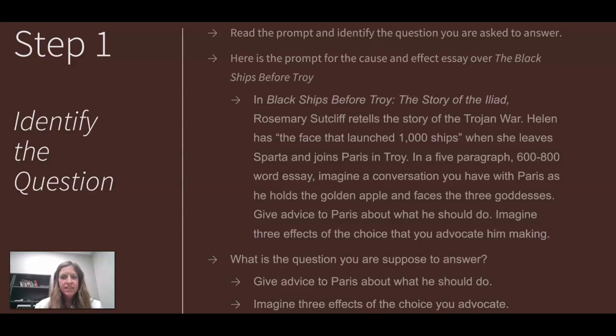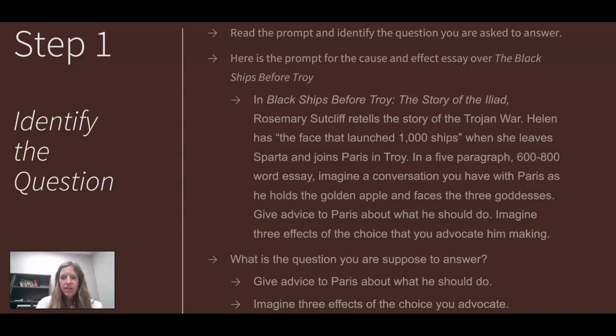Helen has the face that launched 1,000 ships when she leaves Sparta and joins Paris in Troy. In a 5-paragraph, 600 to 800 word essay, imagine a conversation you have with Paris as he holds the golden apple and faces the 3 goddesses. Give advice to Paris about what he should do. Imagine 3 effects of the choice that you advocate him making.